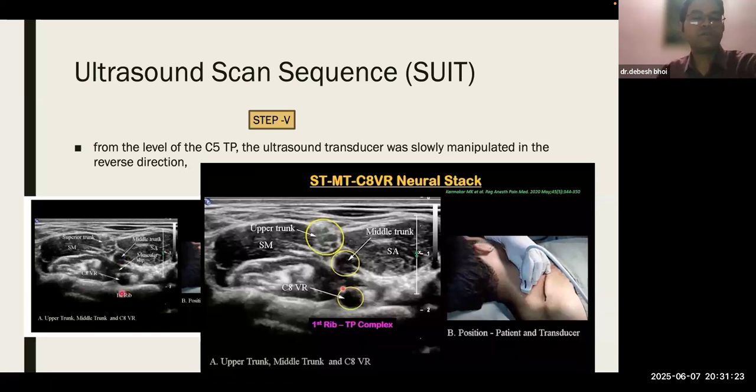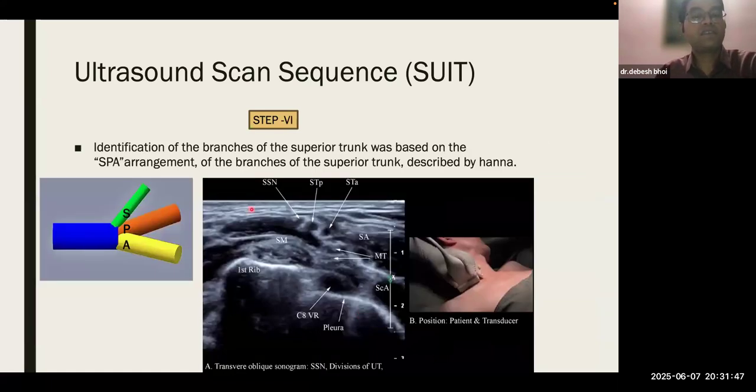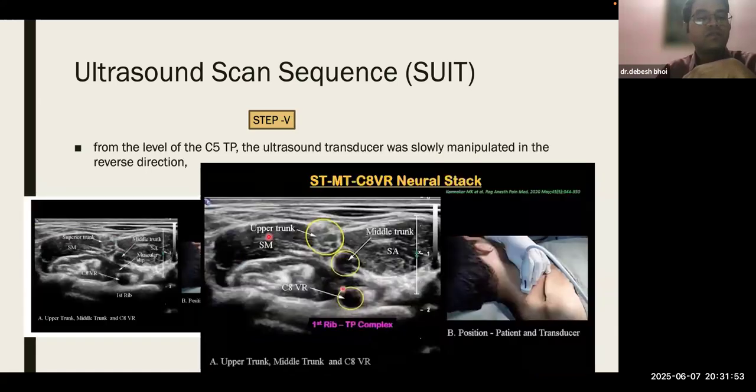You can move your probe laterally and a bit cranially so that you are scanning over the T1 transverse process complex, where you can see a rounded structure, the C8 ventral ramus. Here T1 is not seen; for T1 a bit more angulation is needed, and for the formation of the inferior trunk. Once you reach this area, you can identify the superior trunk. Then slowly you can see this is the superior trunk.